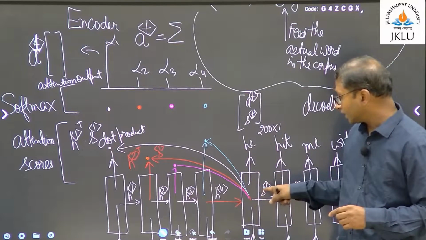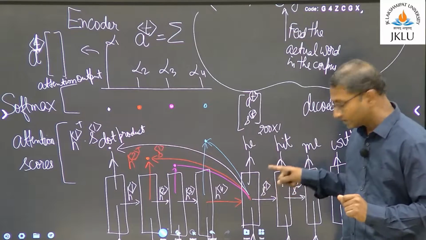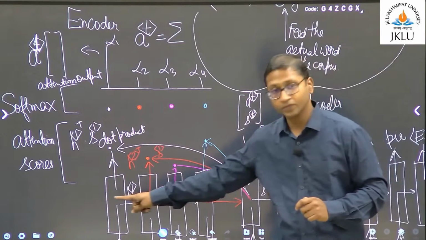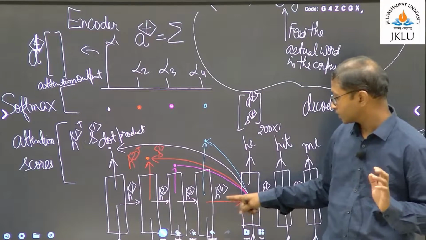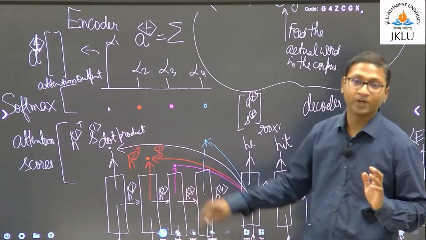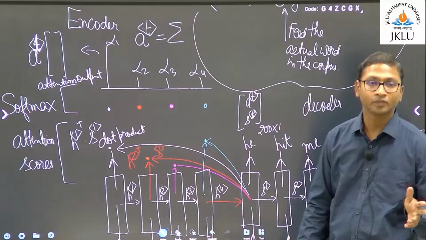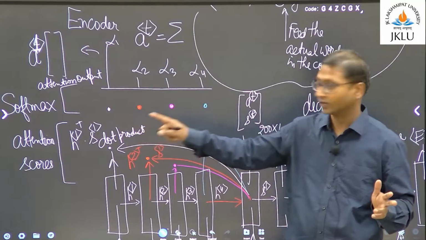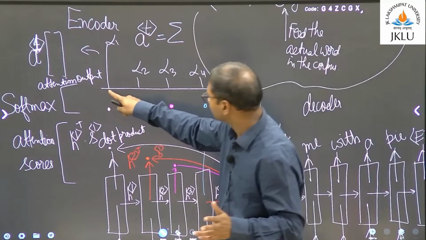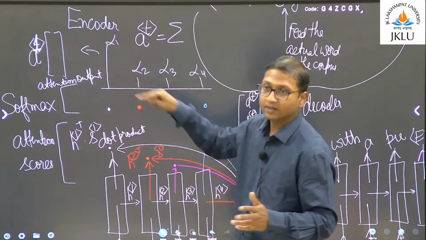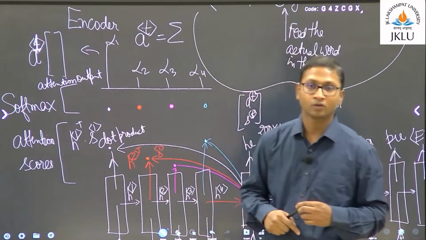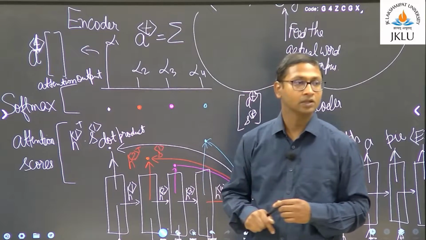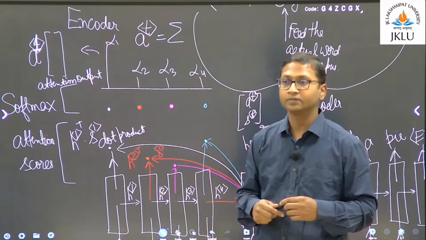You are going to take the dot product of this hidden state with all the other previous ones. Here there are only 4, but if there were 40, you would take the dot product with 40 of them. In that case, this vector will be of size 40 cross 1, and then what do you need to do finally?